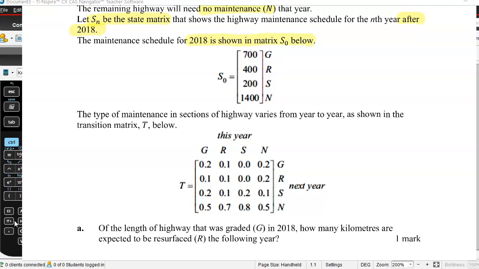Okay, so of the length of highway that was graded in 2018, how many kilometres are expected to be resurfaced in the following year? So we've got to look at, okay, the kilometres that were graded, how many of them are going to be resurfaced next year?